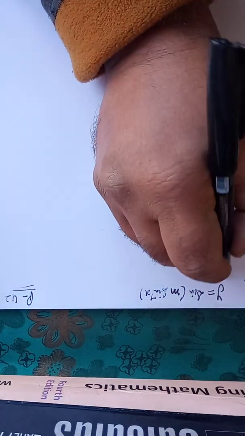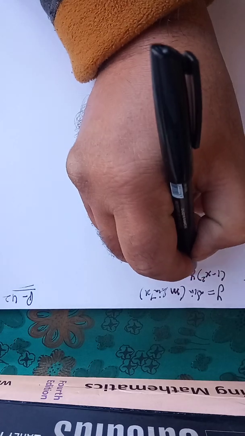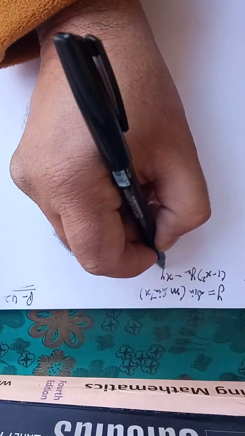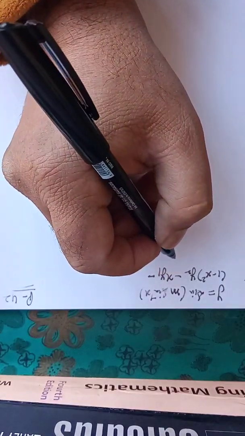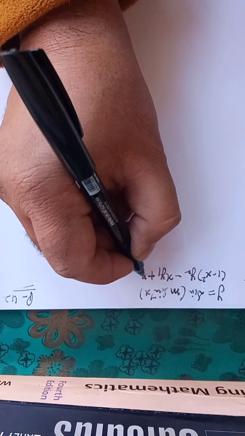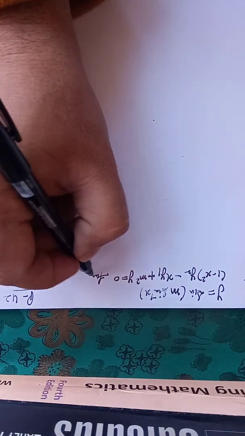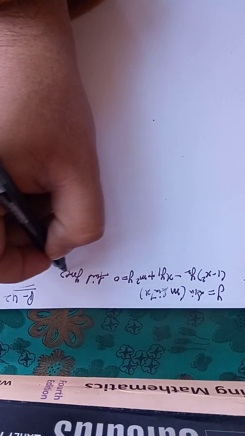You have to prove that 1 minus x square y2 minus xy1 plus m square y is equal to 0, and then a relation in yn plus 2.